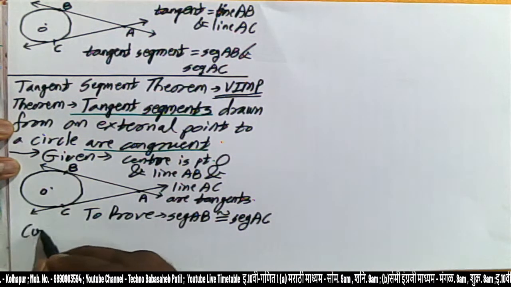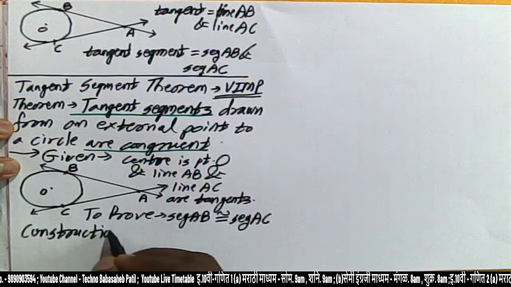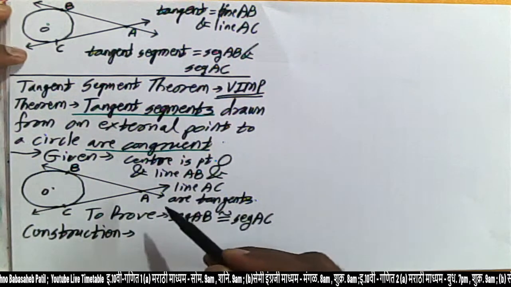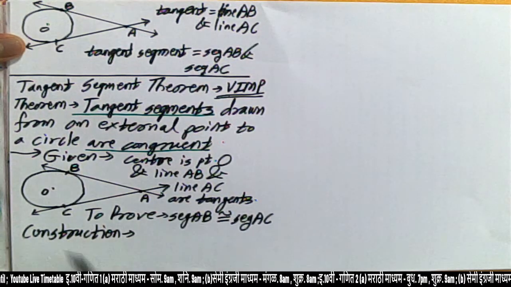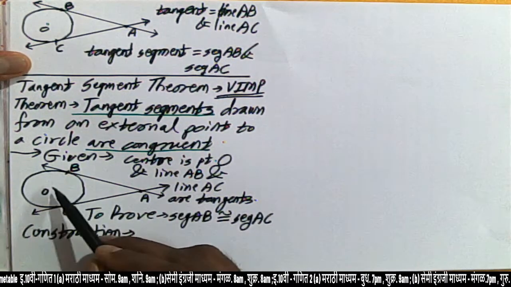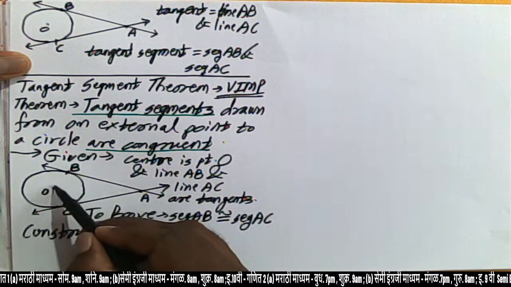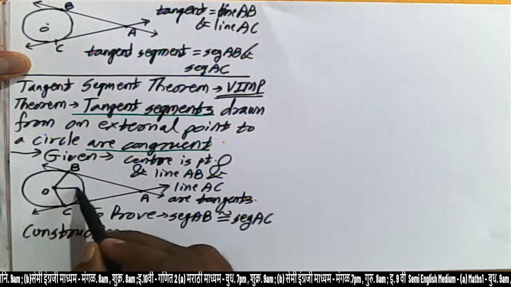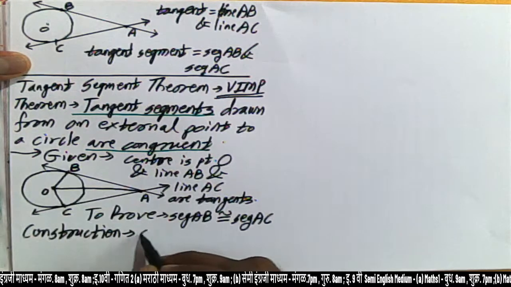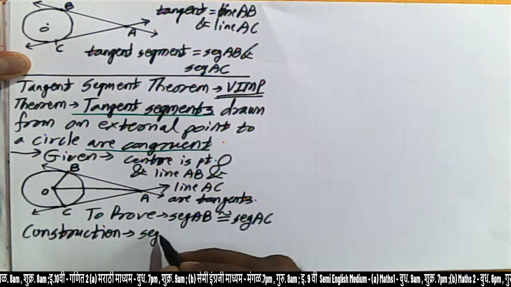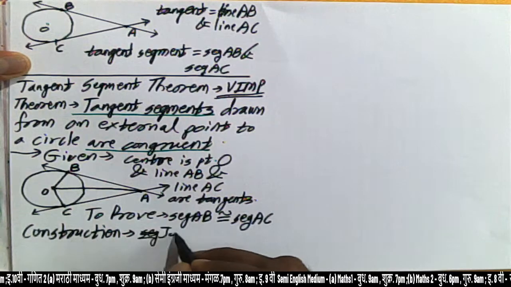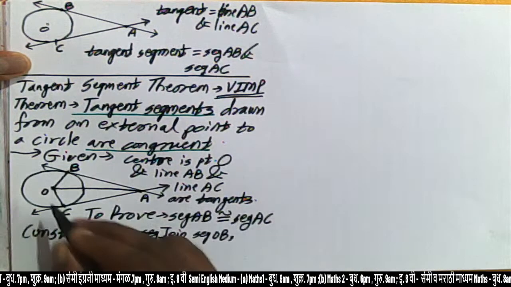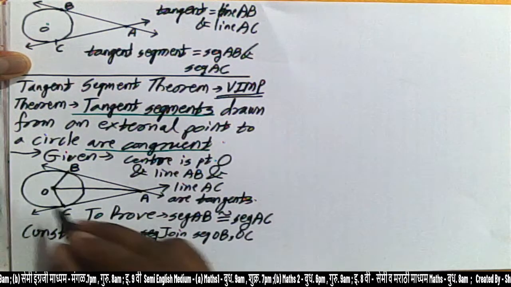The next part is construction. हा बोर्डाला विचारला जाणारा हा थेरम आहे. Join segment OB, segment OC and segment OA.